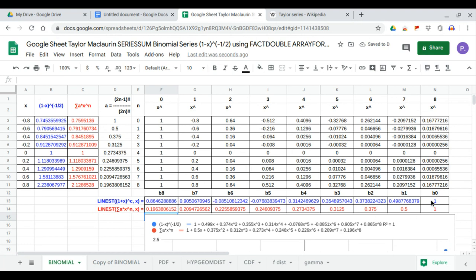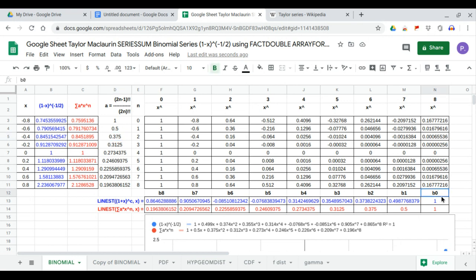So our b0 matches to a0. b1 also matches to a1. b2 is the same as a2. But there are differences as they go higher in degree, but because they are small, it's still negligible.